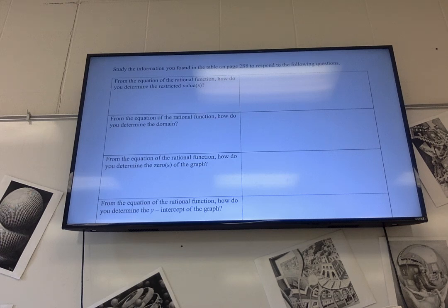Okay, it says, state the information you found in table 338 to respond to the following questions. That's what we just talked about. So how do you determine the restricted values? You set the factors in the denominator equal to 0 and solve.